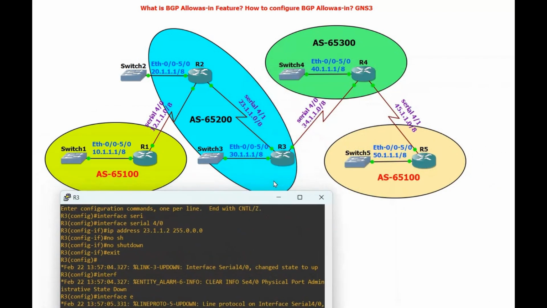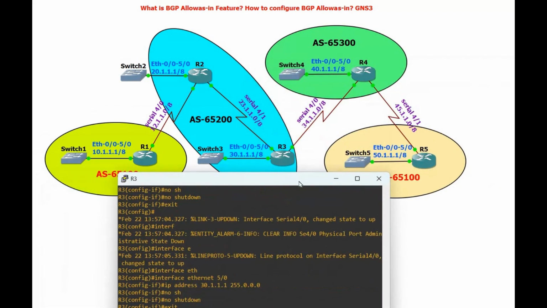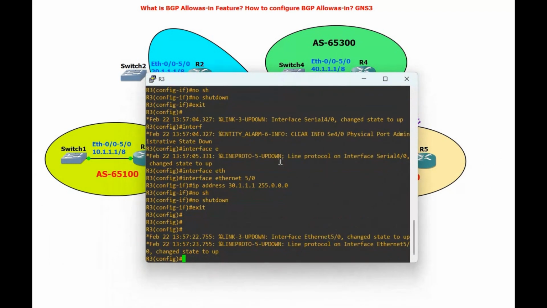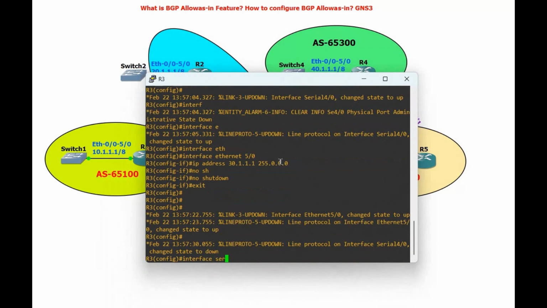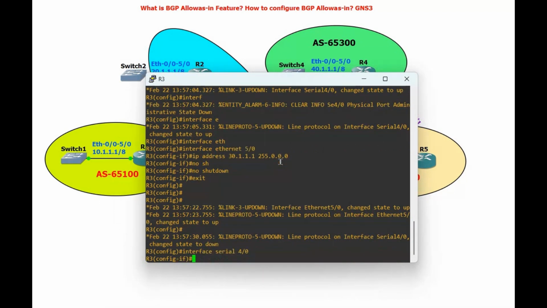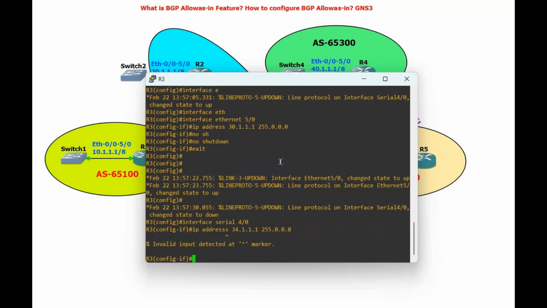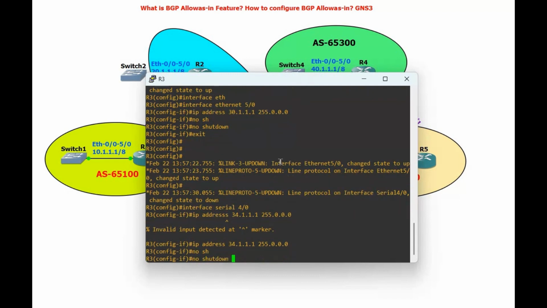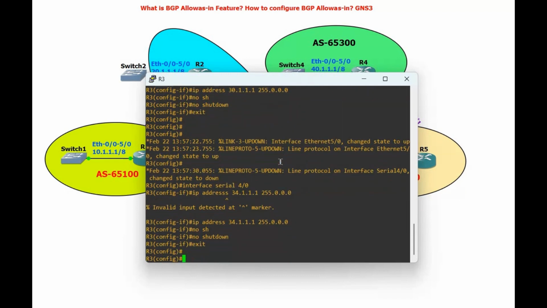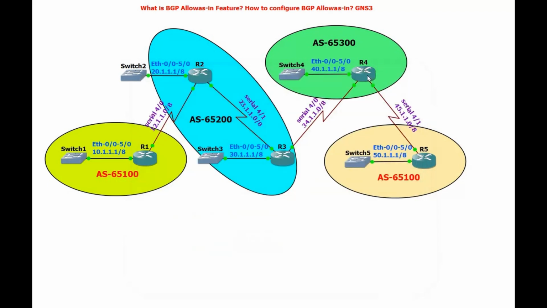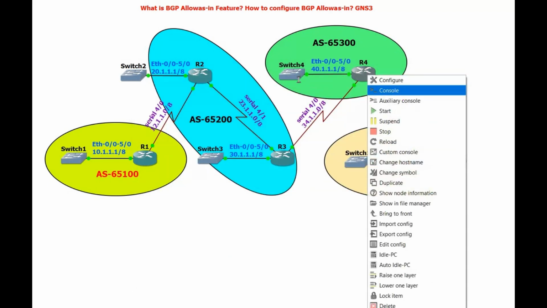And another one is serial 4/1. The IP address is 34.1.1.1, 255.0.0.0, and no shutdown, exit.